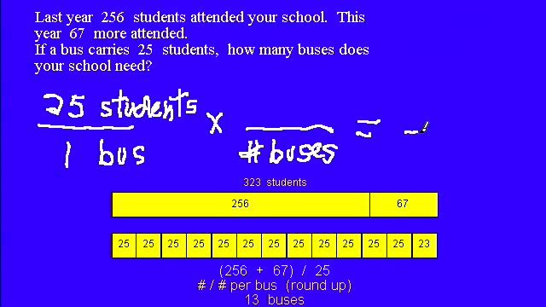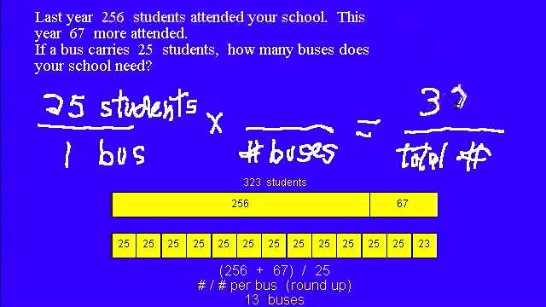And the number we have to transport here is the total number of students. And that becomes a subproblem. 256 students last year, 67 more this year. So this year we have a total of 323 students that we have to transport.